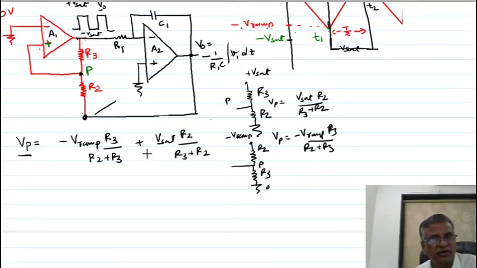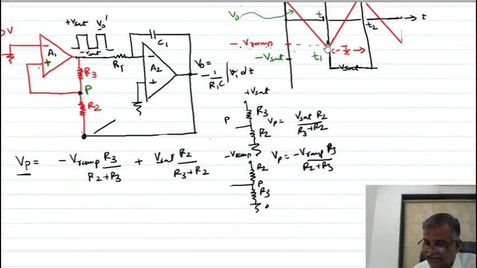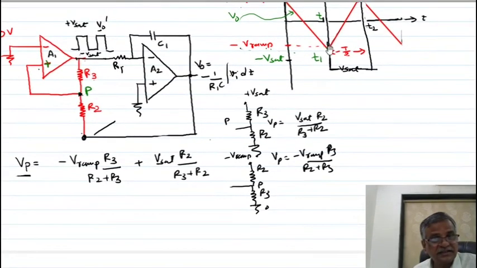I have written it directly because you already did it in previous lectures, and you must have done it in the previous semester also: minus V ramp into R3 upon R2 plus R3. So look here. At this point, it is 0 voltage. At time t equals t1, I know Vp is 0, slightly crossing 0.